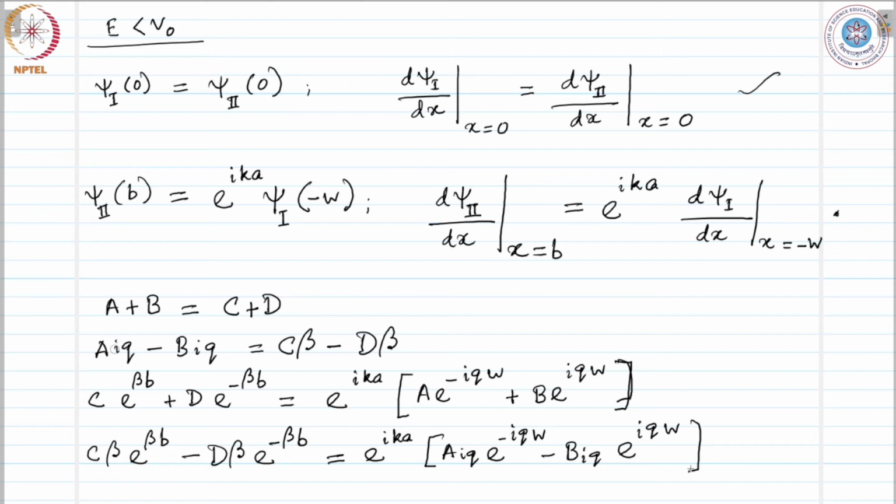and in order to have a non-trivial solution for all the unknowns, we must have the determinant of the coefficients of a, b, c, d equal to 0. That is the condition for solving a set of linear equations.